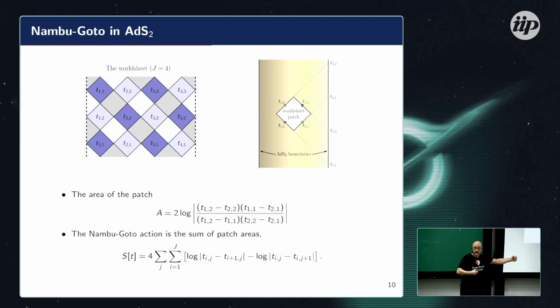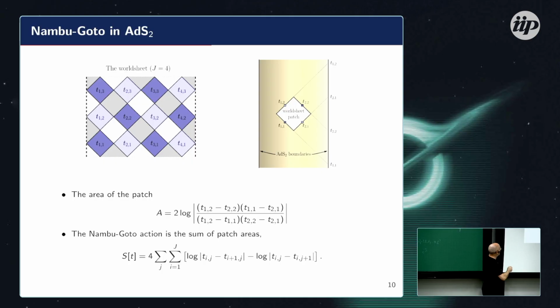So these are the particles. They move with the speed of light, so they are at 45-degree angles. So I get a diamond like that. And I just continue these lines, and I hit the boundary at some point. And I take the time and put it there, and so on. So I get 4 times bounding the diamond, okay?